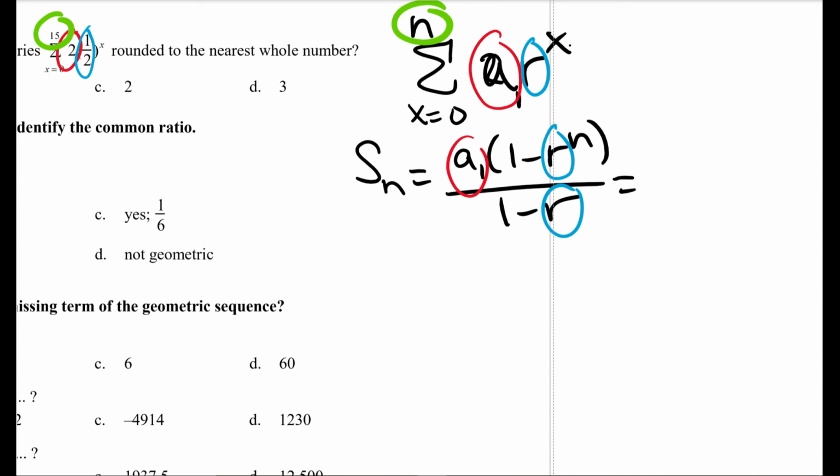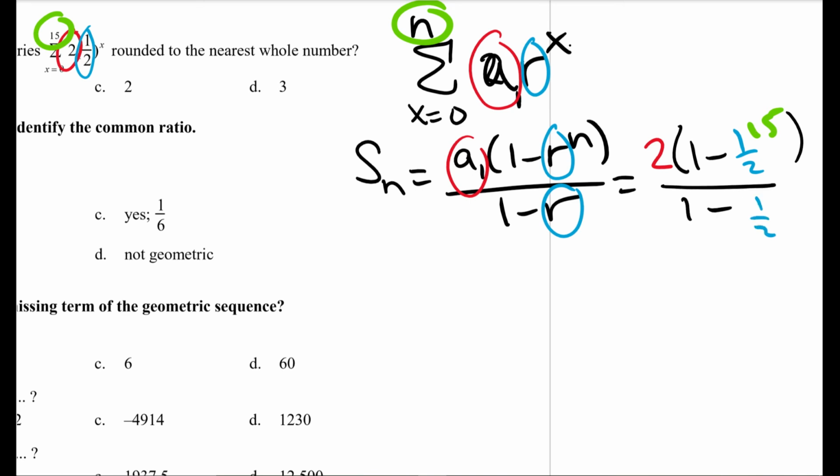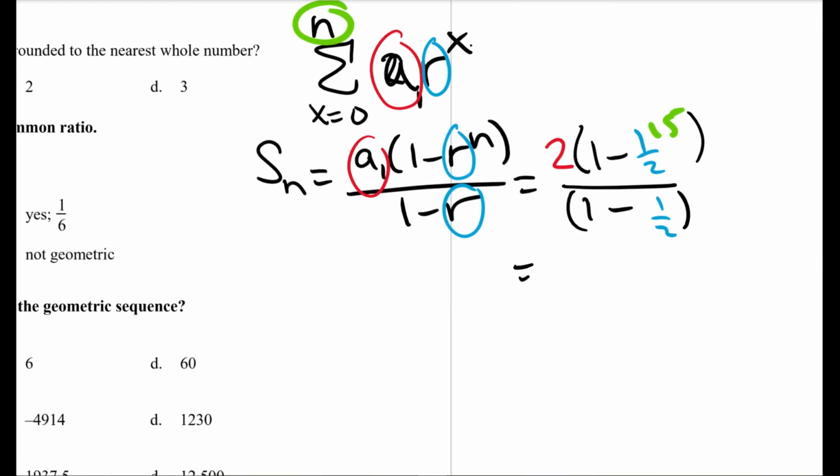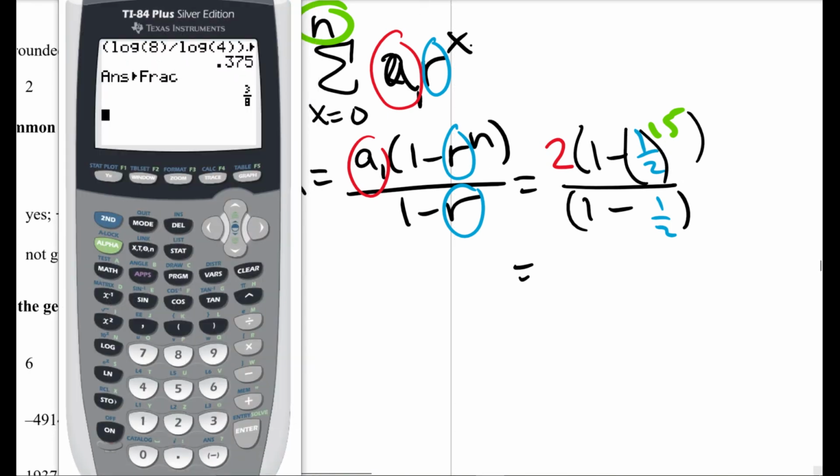So we got a1 times 1 minus 1/2 raised to the 15th power, all over 1 minus 1/2. All right, and then we're going to go ahead and type that into the calculator, of course, carefully, making sure that we include all the parentheses here.